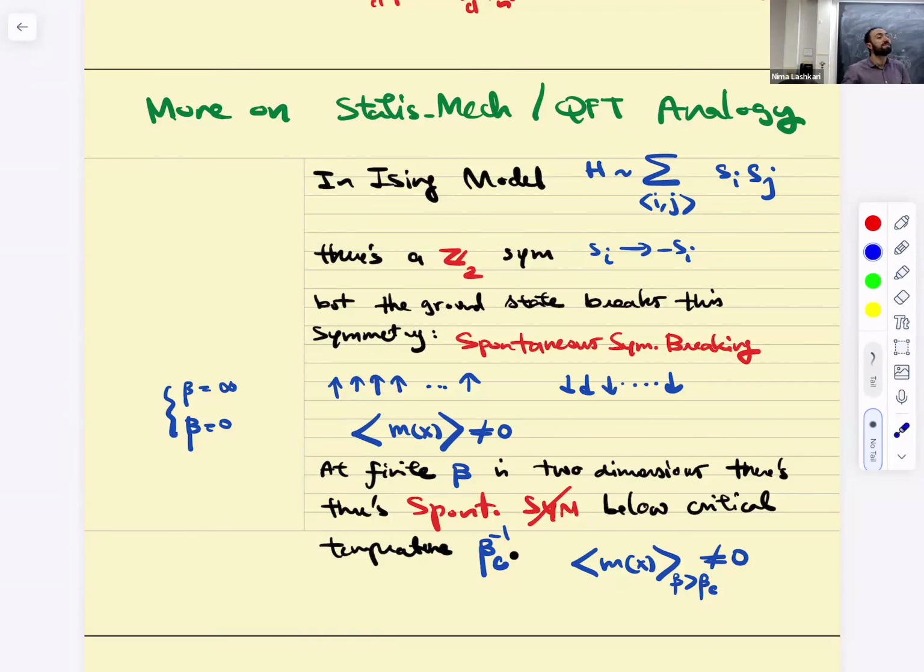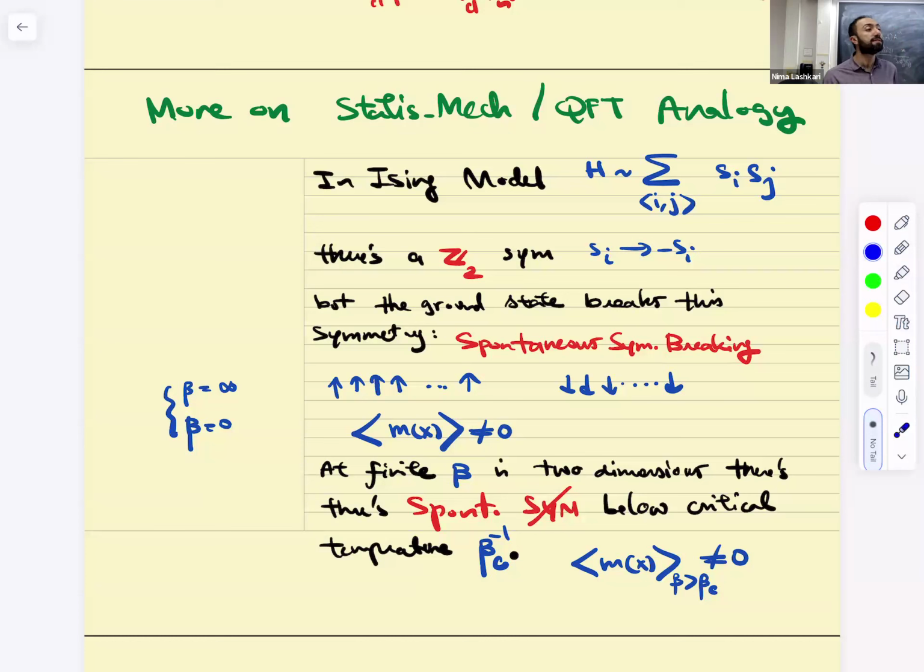So what we're doing is taking our formalism of quantum field theory and taking one further step to generalize it to more interesting setups, right? So recall the Ising model. The Ising model had a sum over nearest neighbor spins. There was a Z2 symmetry, s going to minus s, right?